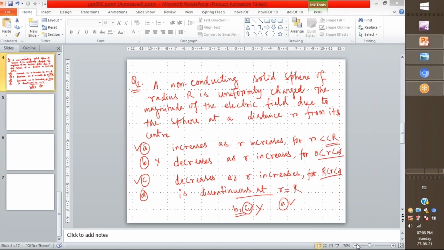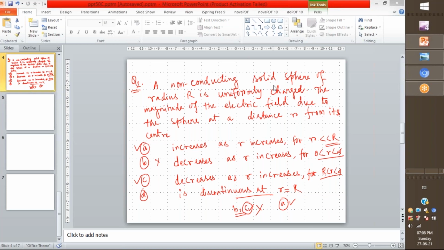Actually, your doubt is very genuine. For a conducting sphere we have learned, but how for a non-conducting solid sphere? See, why it is said non-conducting. If it is a conducting sphere, a conductor, what will happen? The charges will spread, not all over, only on the surfaces.